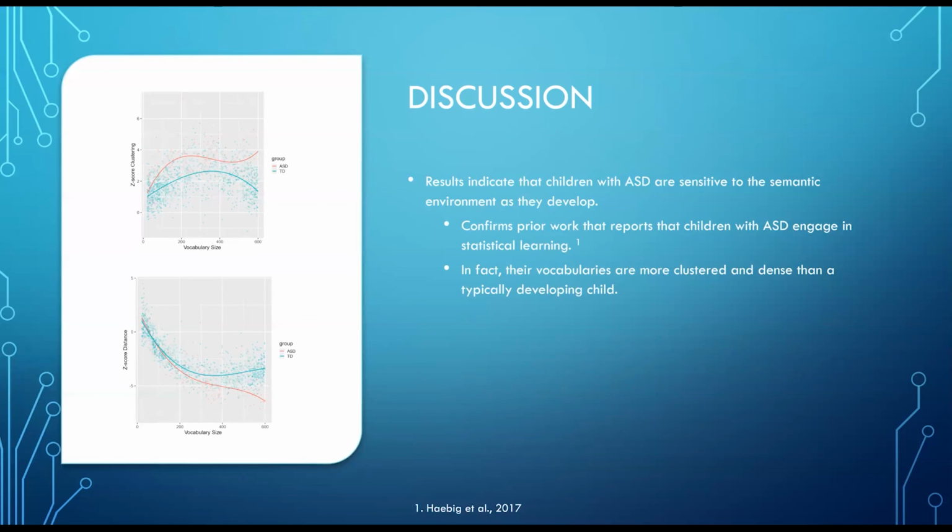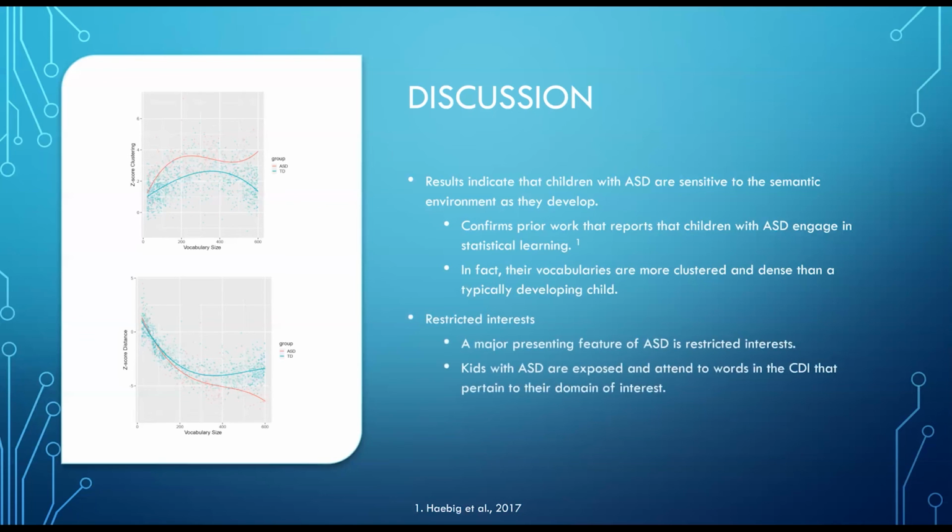One reason could be a major feature of ASD, which is restricted interests. These kids could be exposed to and attend to words on the CDI that pertain to their domain of interests. Because words within this domain are more likely to be semantically related, they would be more clustered and have less distance between them.